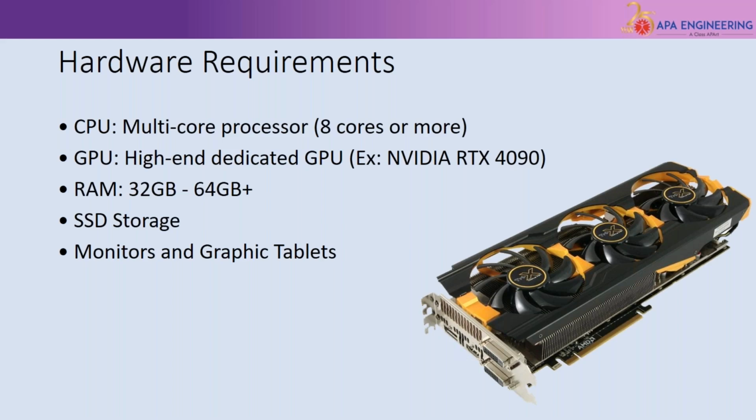For RAM, at least 32 GB is recommended, but 64 is the most ideal for handling complex scenes and large textures. And storage, a fast SSD, NVMe preferred, for quick data access and reducing load time. And for monitors and graphics card, using multiple monitors will surely help to get the desired output for us.